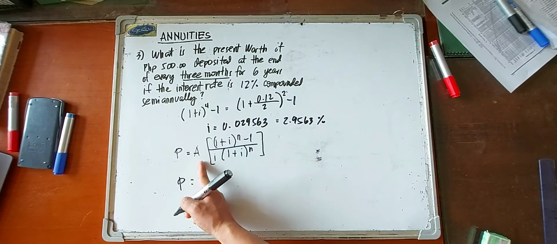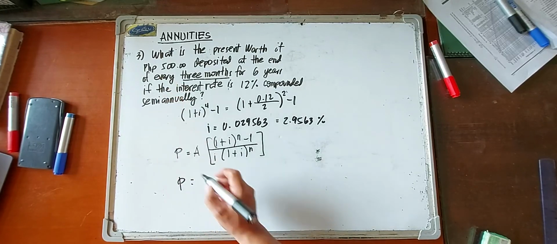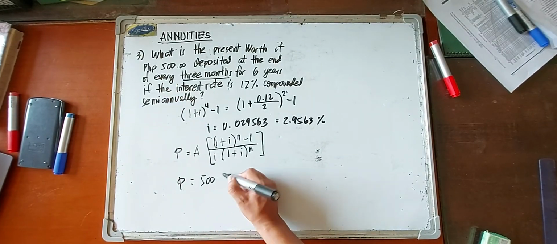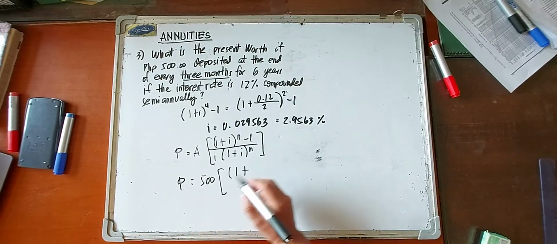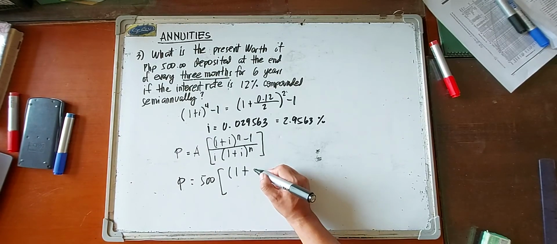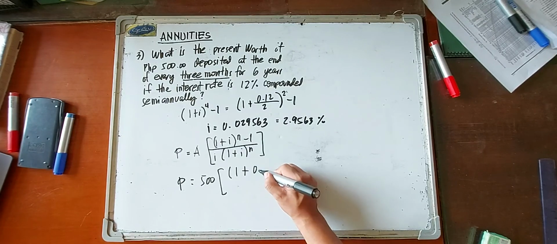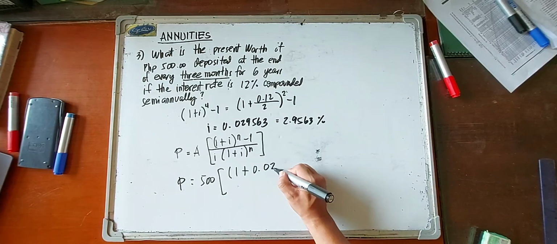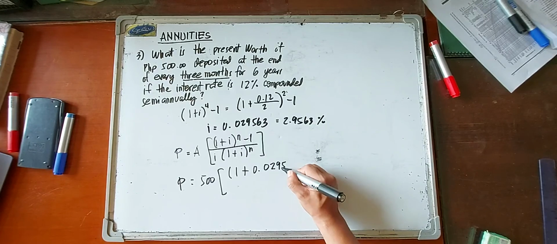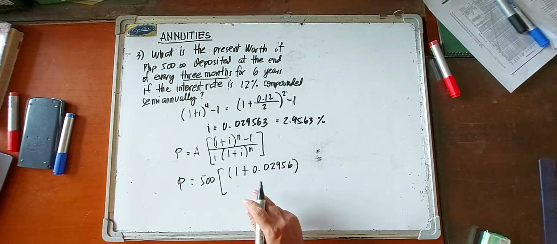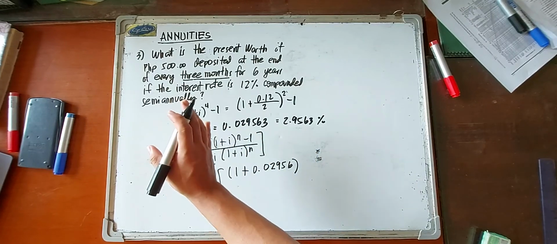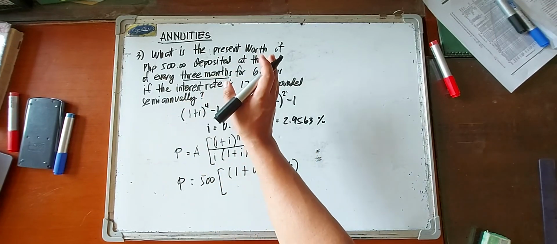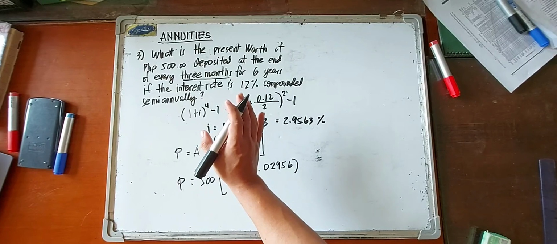Okay, so the quarterly payment is 500. 1 plus the interest rate per quarter is, then ilan yung N natin, since quarterly yung payment tapos 6 years, so we simply multiply.